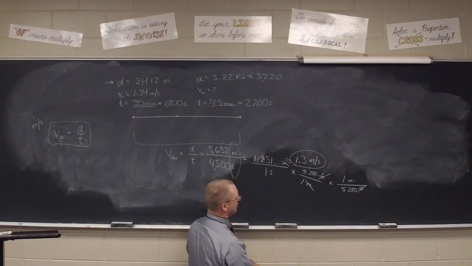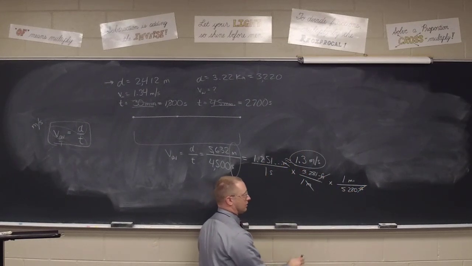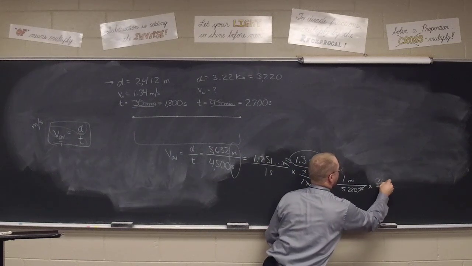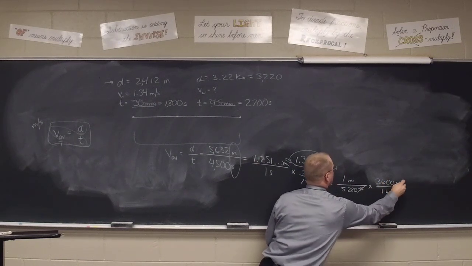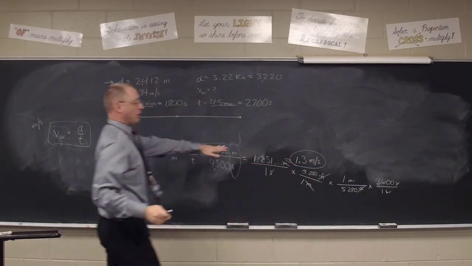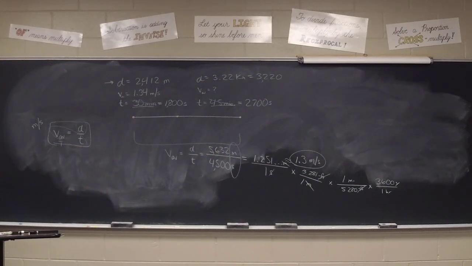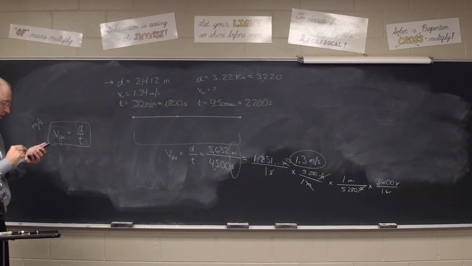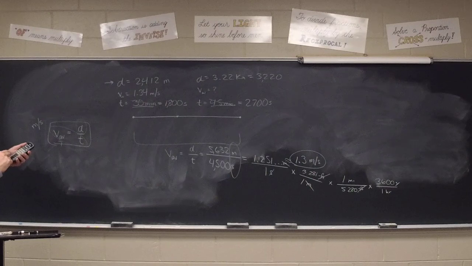All right, and then finally, Michael. 3,600 seconds over 1. All right, so we'll take the value on the calculator if you were just doing it. It's the 1.251555555, multiply by the 3.281, multiply by the 3,600, and then just divide out the 5,280.